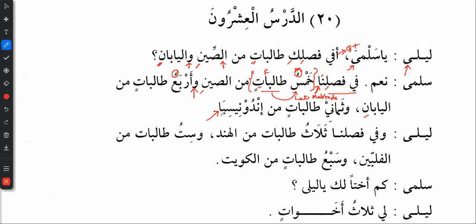So the kasra is estimated, assumed, muqaddara. We can just think of it as a kasra in our minds and we cannot write it. It's prohibited in grammar with a long vowel, especially alif.